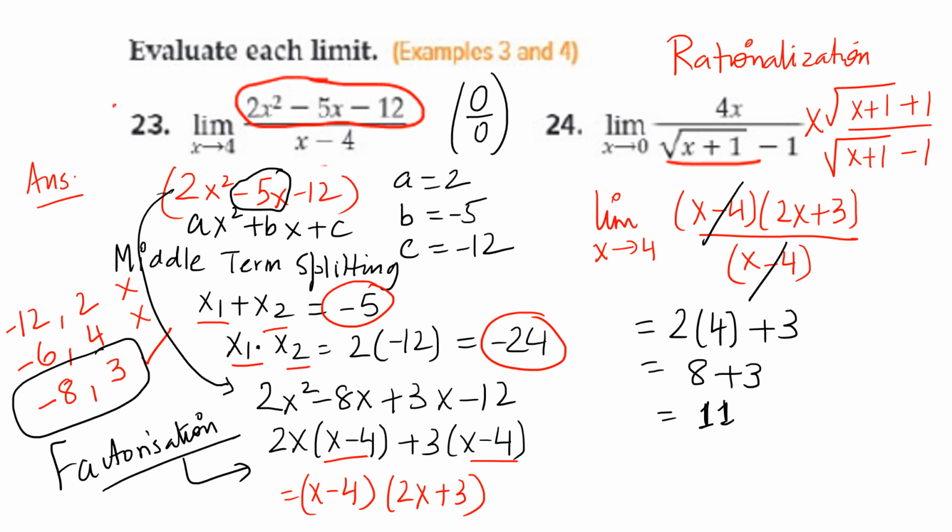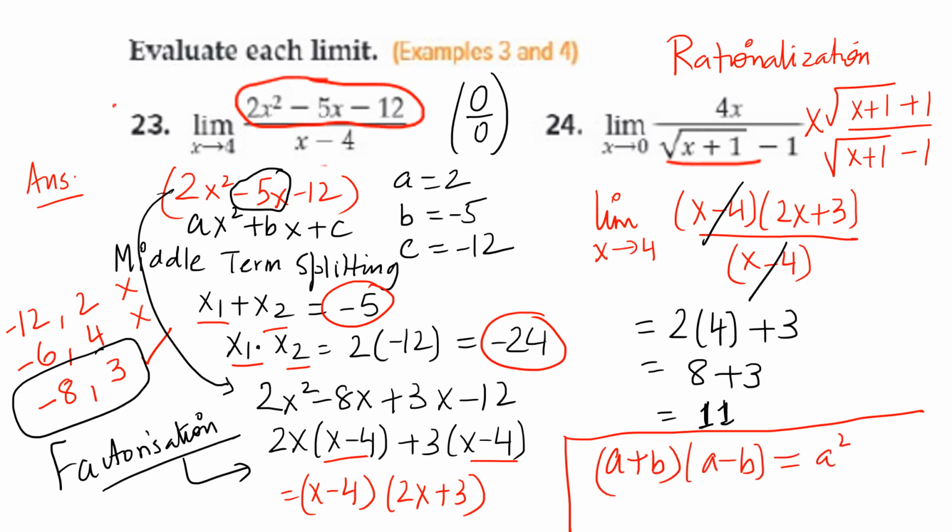Then you combine the denominator using a plus b multiplied with a minus b as a squared minus b squared. So in the denominator, the term will become x plus 1 minus 1, which is only x. That way you will simplify the term. And now let's check from the answer key the answers of questions 23 to 34.